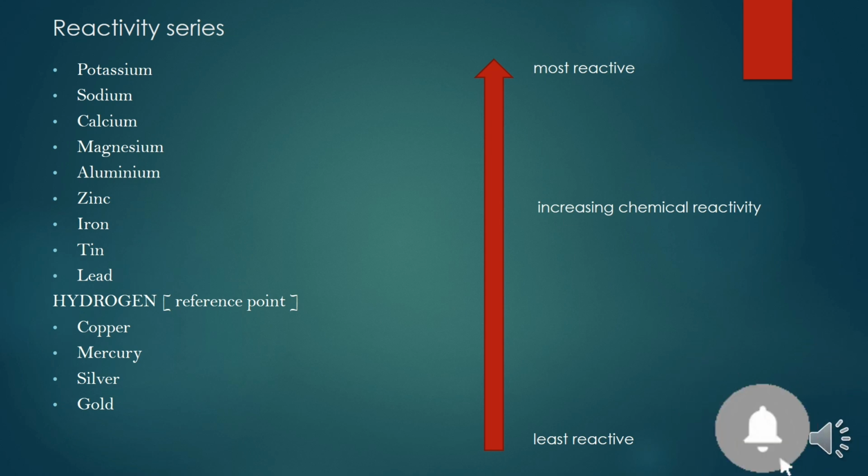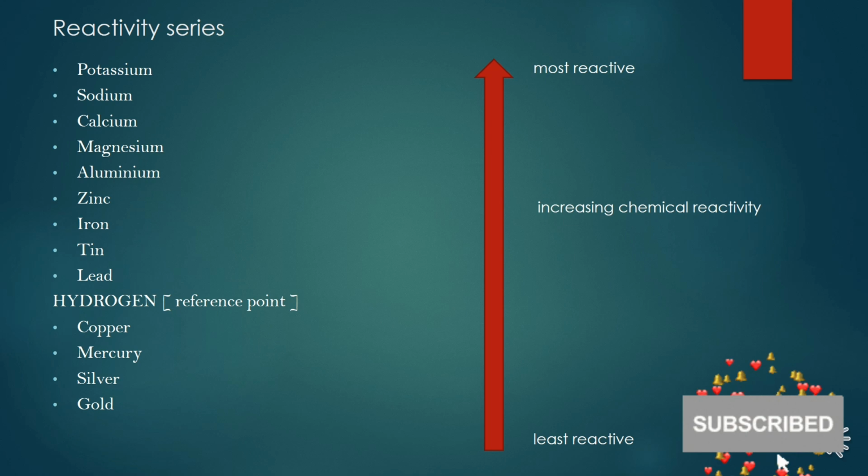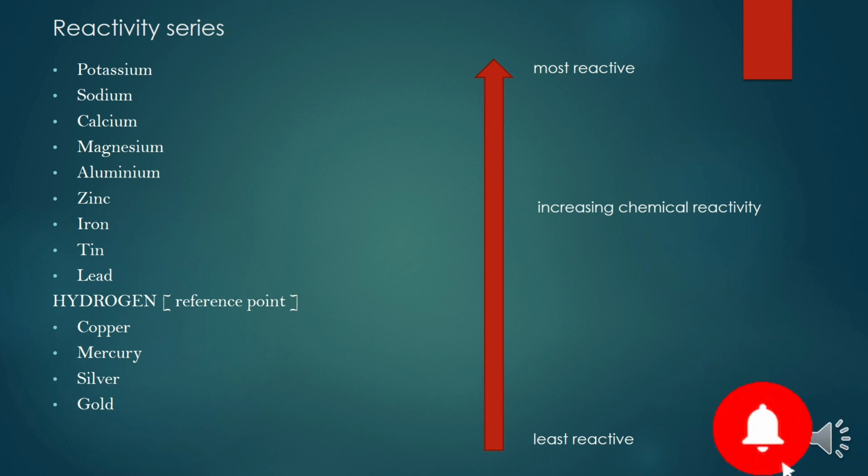The metals above hydrogen are able to displace hydrogen in a chemical reaction, meaning they are more reactive than hydrogen. The metals below hydrogen are less reactive than hydrogen. They cannot displace hydrogen in a chemical reaction.